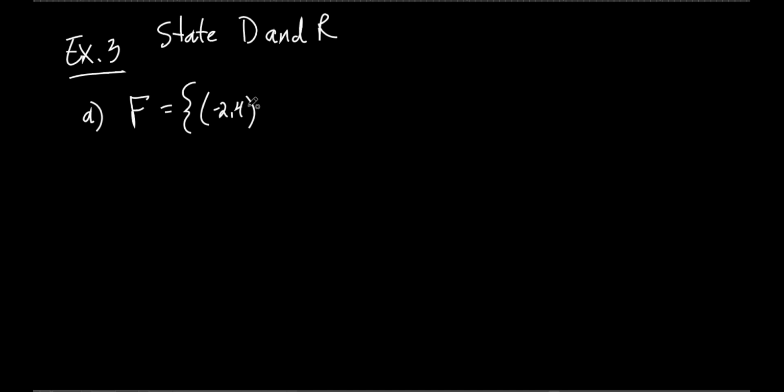It's just a set of ordered pairs, right? And 2, 4. It takes me longer to write out this problem than it would to even come up with an answer. All right, so those are all the points in my F relation, the relation F.